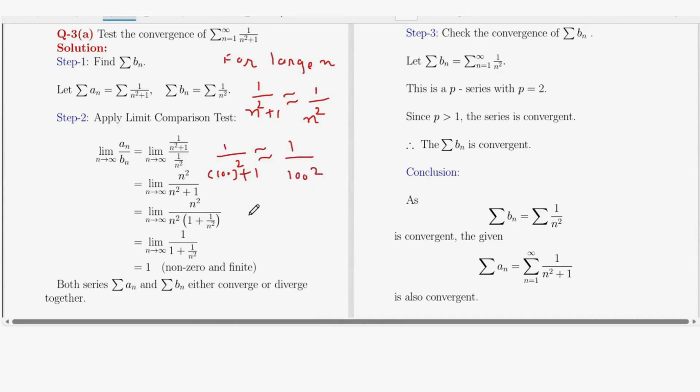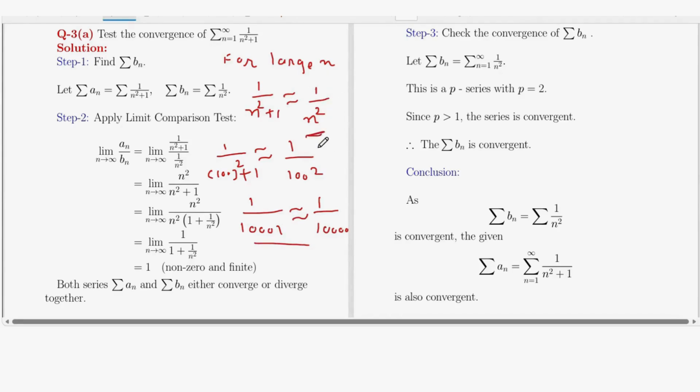Say yes or no? Is this number approximately the same or not, for very large n? So 1 upon 10,001 is about the same as 1 upon 10,000. So here for very large n, can we write 1 upon n square plus 1 as approximately 1 upon n square?